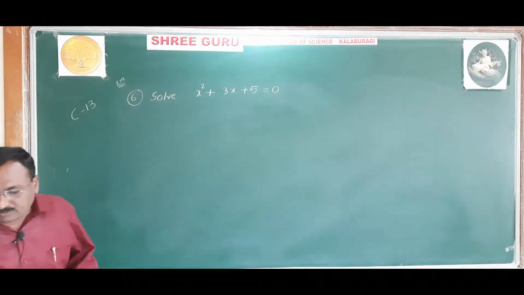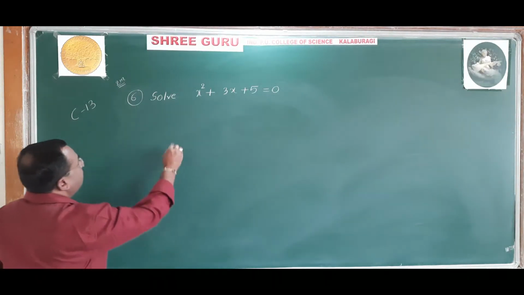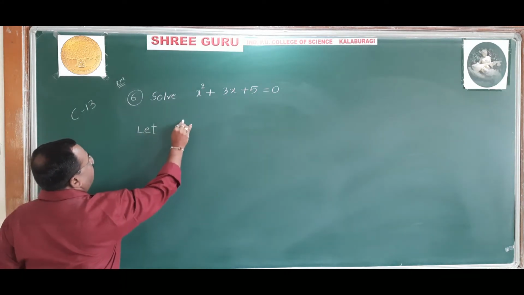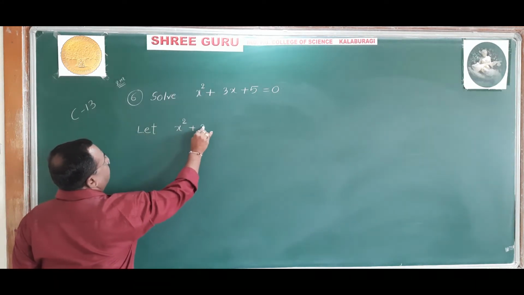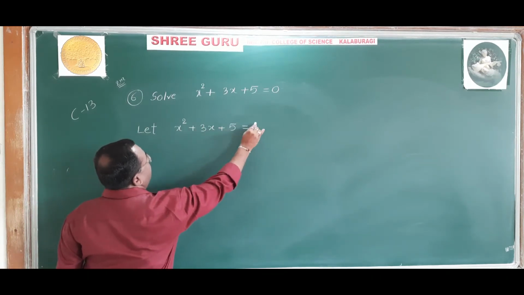X square plus 3x plus 5 is equal to 0. Let x square plus 3x plus 5 is equal to 0.